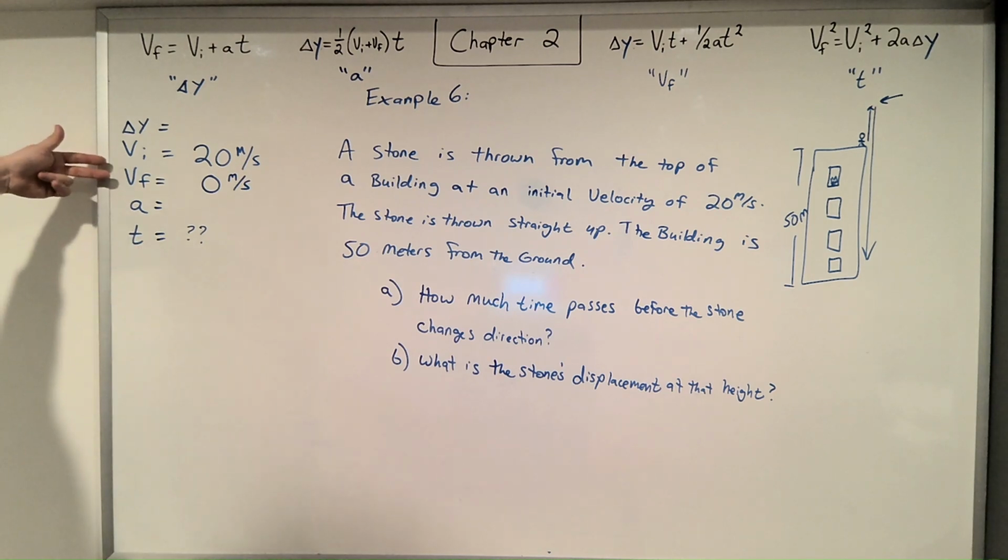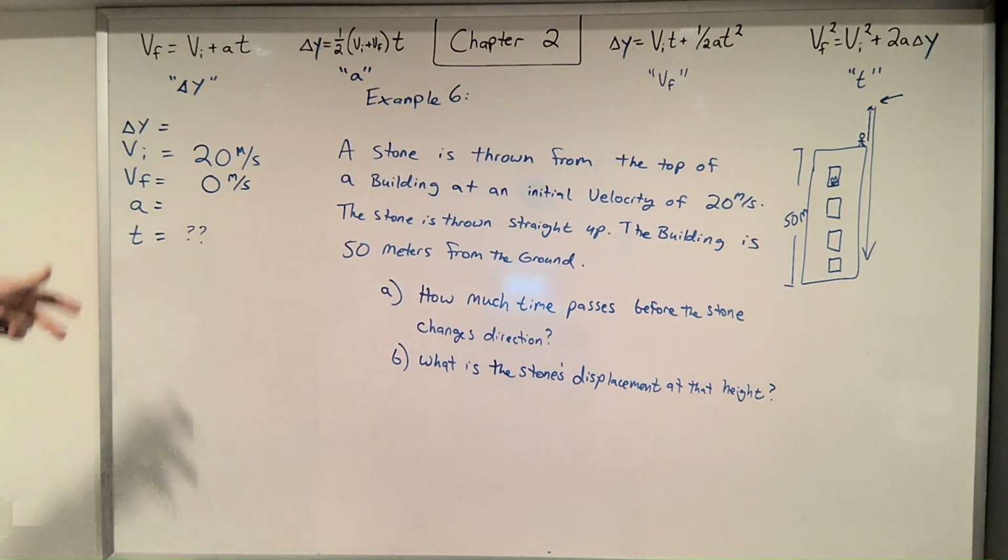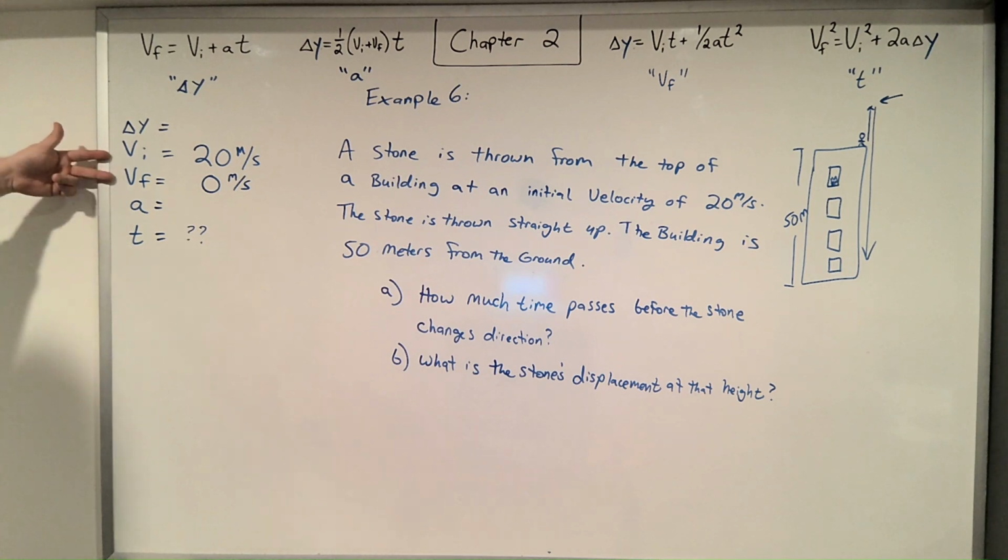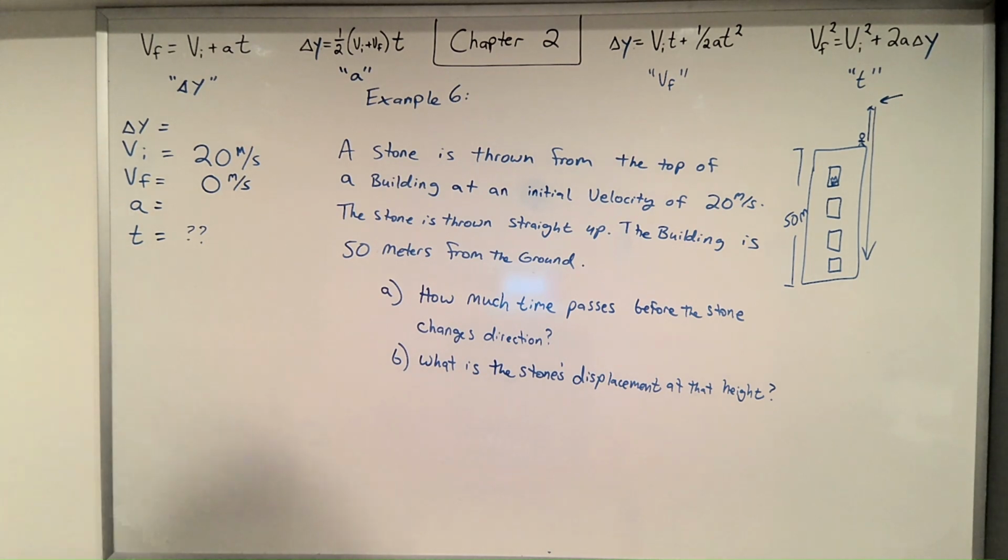But that's still only two things. I need 3 out of the 4 things, and I only have 2. I need a third, and then I can solve for the fourth. Being that this is a y direction problem, this states a free fall object could be occurring. The stone is a free falling object, which means it will have some acceleration due to gravity.